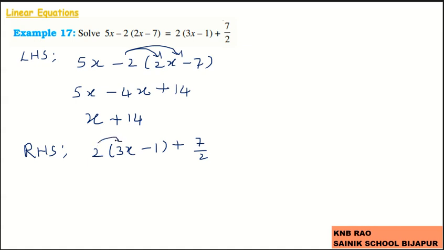So, I will remove first bracket here, multiplication over subtraction, which is 6x minus 2 plus 7 by 2, where minus 2 plus 7 by 2 are like terms, where their simplification is 6x plus... 7 by 2 is nothing but 3 and a half. 7 by 2 is nothing but 3.5.